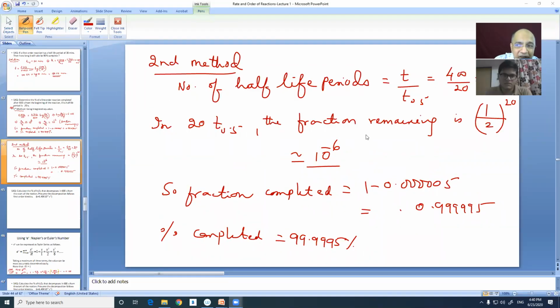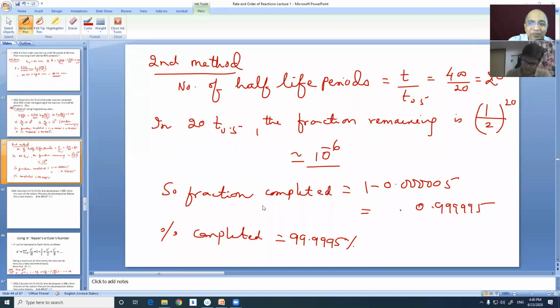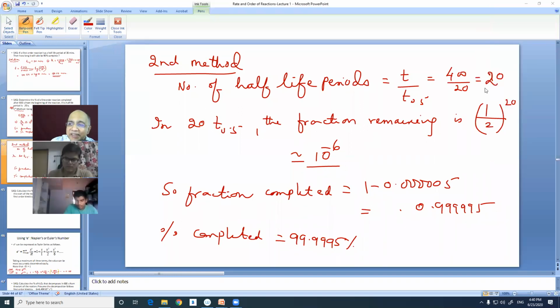Now I will tell you the other method. See which one you like. Because if the time given is 400 seconds and the half-life period is 20, then how many half-life periods have gone? T by T.5, that is 20 half-life periods gone.